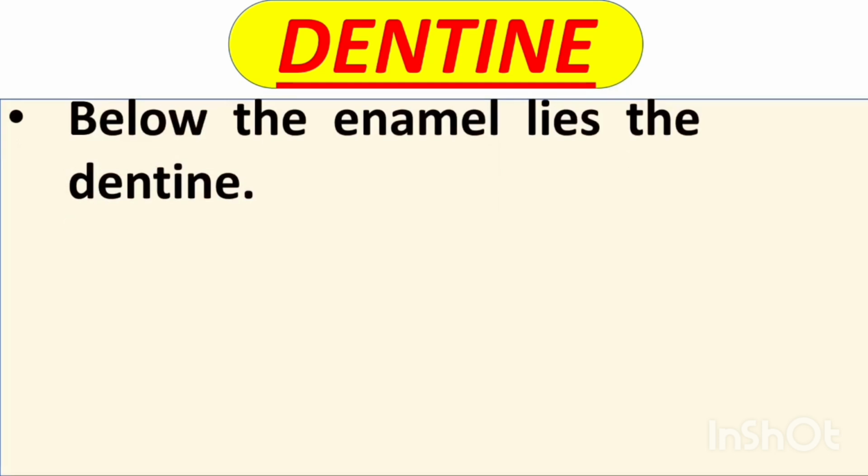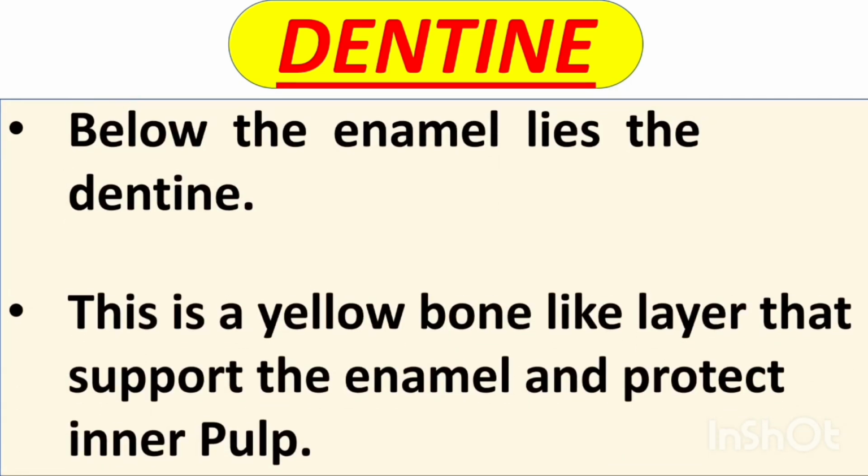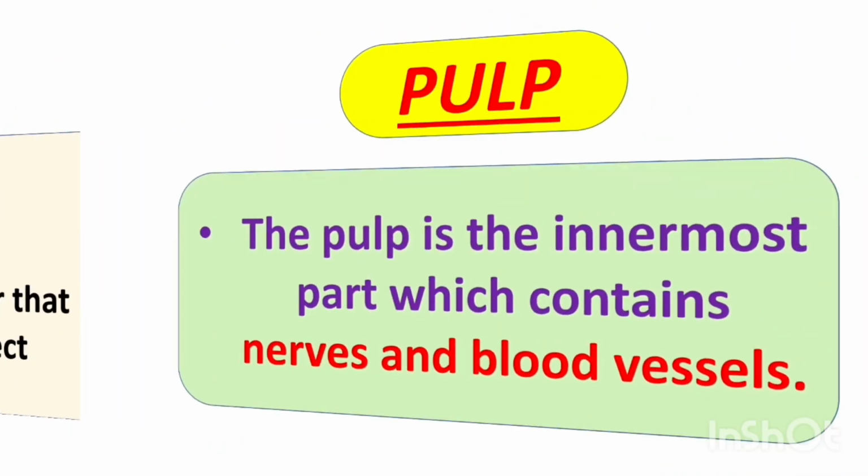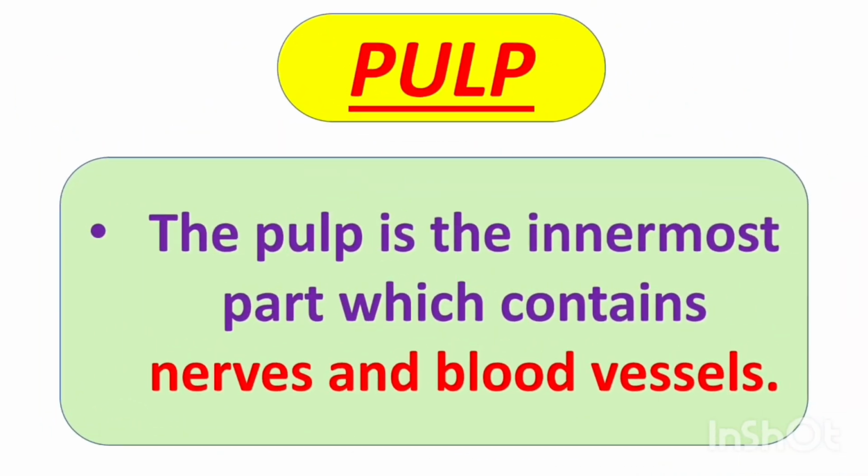The next is dentine. Below the enamel lies the dentine. It is a yellow bone-like layer that supports the enamel and protects the inner pulp. Now we will talk about pulp. The pulp is the innermost part which contains nerves and blood vessels. It is much softer than dentine.